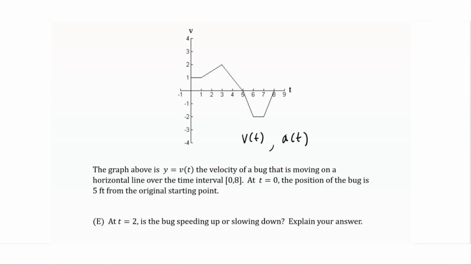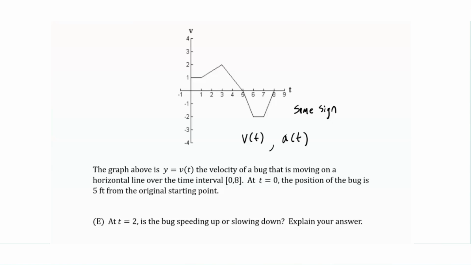If they have the same sign, that means they're working together, either both positive or both negative. They can actually be both negative working together, and that will cause a speeding up. If the velocity and acceleration have opposite signs, one positive, one negative, they're fighting against each other, and the bug would be slowing down.